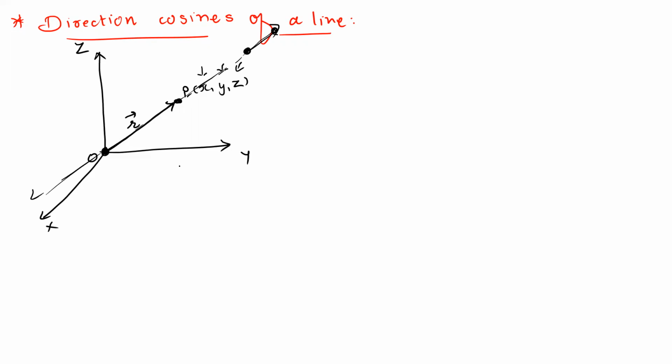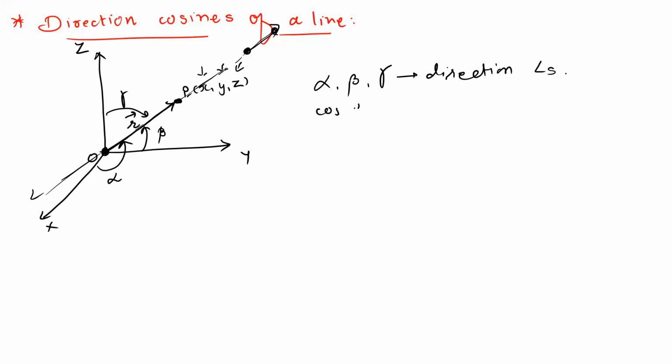This line can make some angle with the x-axis, and we used to say that this angle is alpha. With the y-axis it makes beta, and with the z-axis it makes gamma. So alpha, beta, and gamma are called direction angles.